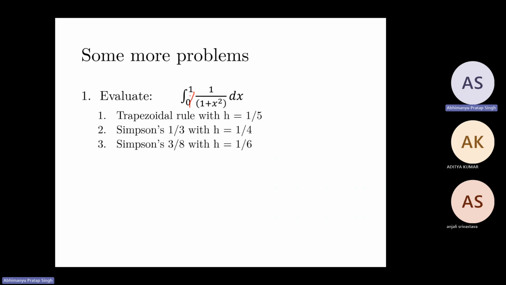If I divide 0 to 1 into 6 intervals, which is a multiple of 3, then 0, 1/6, 2/6, and 3/6 would be one part of the Simpson's 3/8 rule, and then 3/6, 4/6, 5/6, and 6/6 would be the second part, right? So that is why we use a multiple of 3 here, and a multiple of 2, or even number of intervals, for the 1/3 rule. For the trapezoidal rule it does not matter.